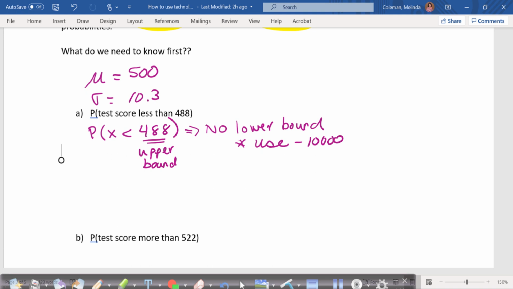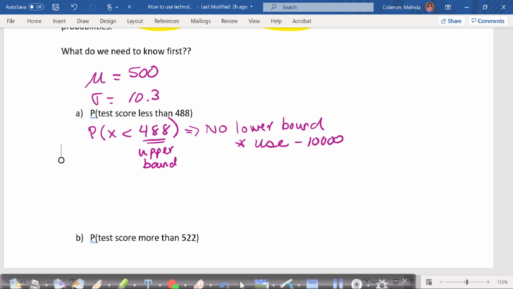We want to use a negative 10,000. So we get a large negative number to assure that we don't touch up near the boundary of this test. And since we don't know that boundary, negative 10,000 will be just fine. By standards, some calculators default, and we'll see in just a minute how the default button looks on the TI-84.